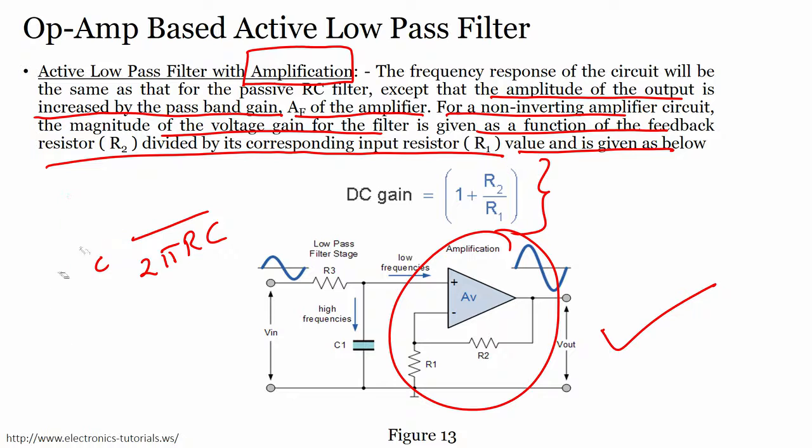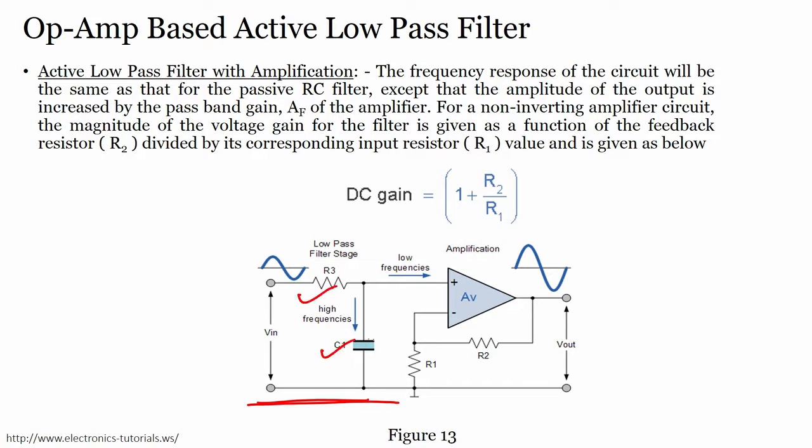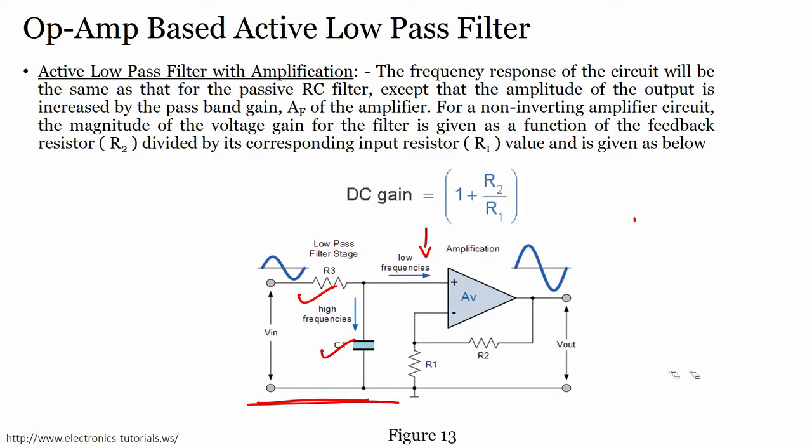So, quickly, what this op amp based active low pass filter is: when we connect R and C in this fashion to the non inverting amplifier, it will filter out high frequency based on the formula F equals 1 upon 2 pi RC, and it will also increase the amplitude.